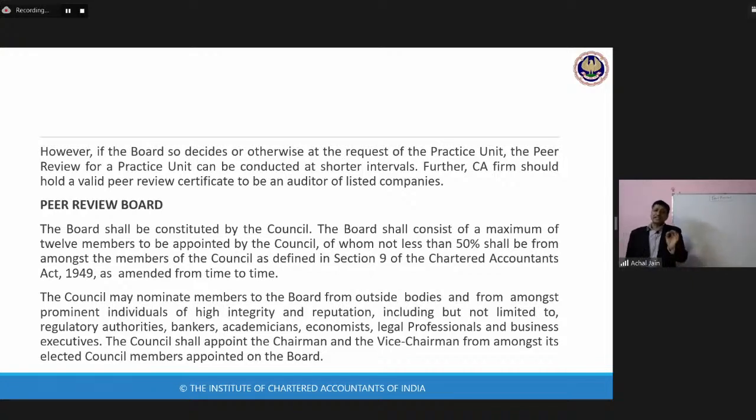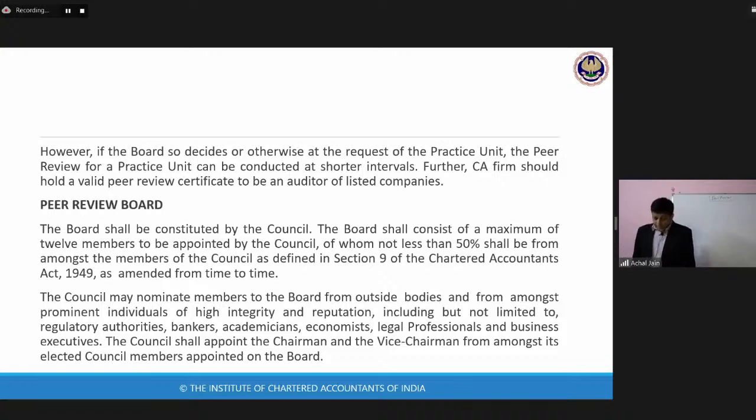So it's like a quorum, which you see in case of a company. In the absence of quorum within half an hour of the time fixed for the meeting, the meeting shall stand adjourned to a day, time and place fixed by the chairman, or in his absence, the vice chairman.